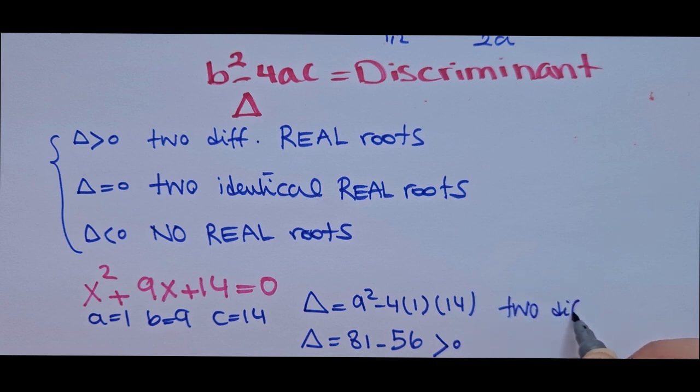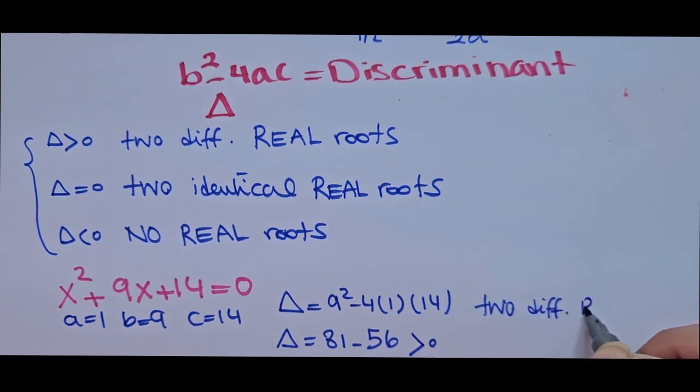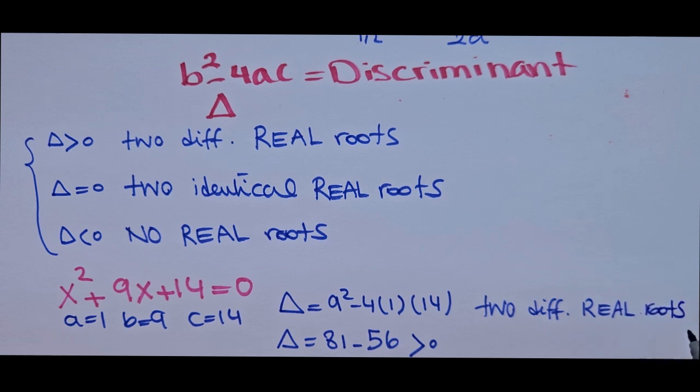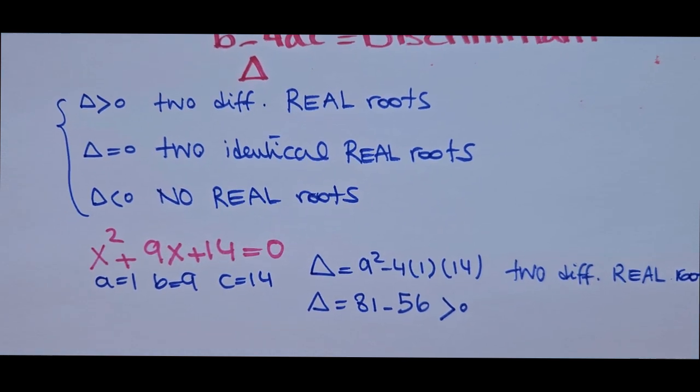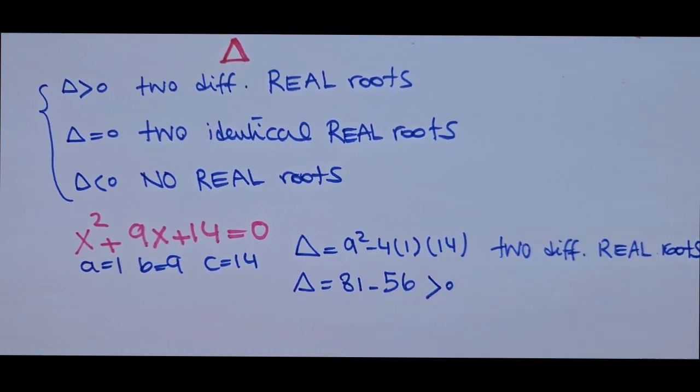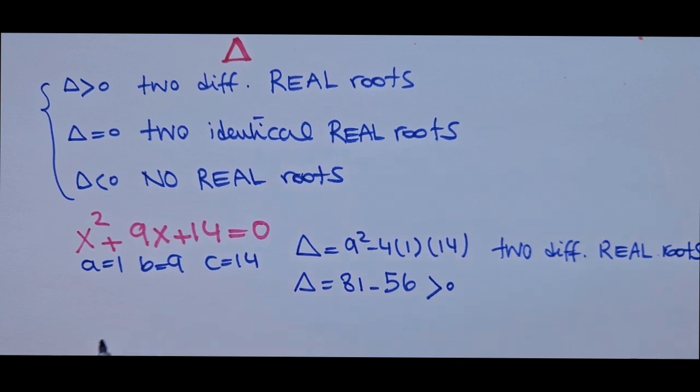Two different real roots. And please remember, whenever you're writing down, you have to specify that there are two roots, they are different, and they are real numbers. What I want to do now is solve this one and find the exact roots to show you what the two roots are, and you will see that they are different.